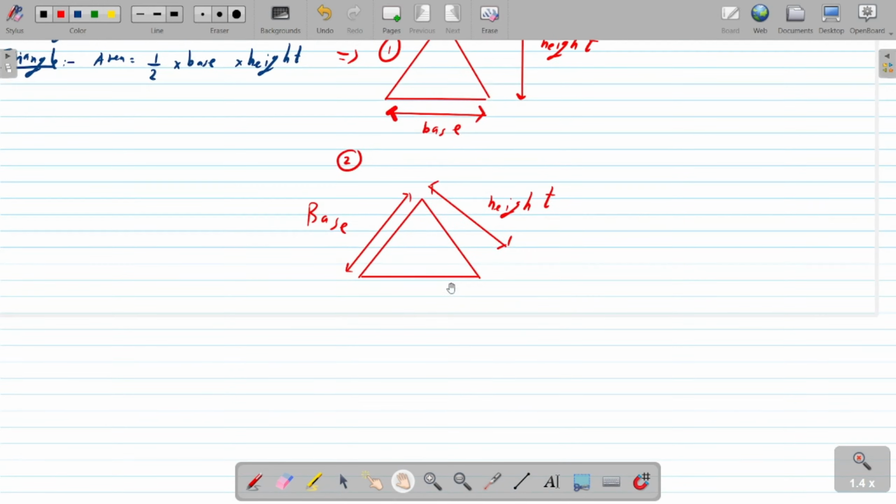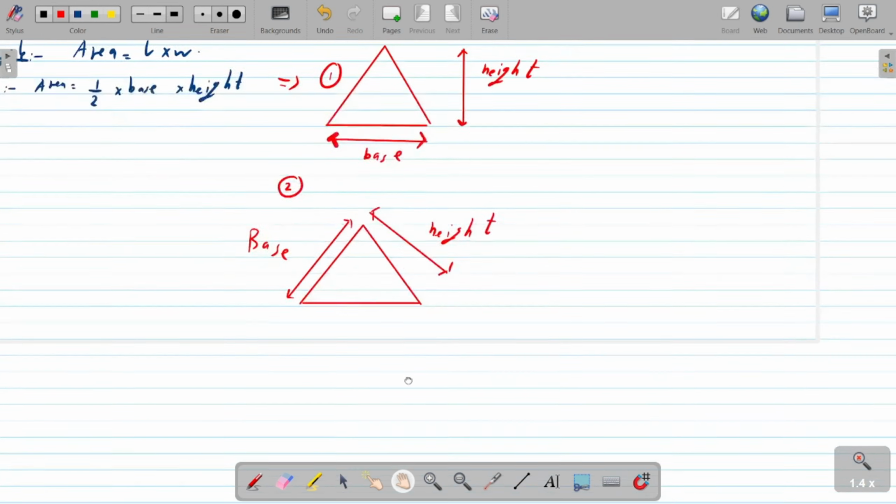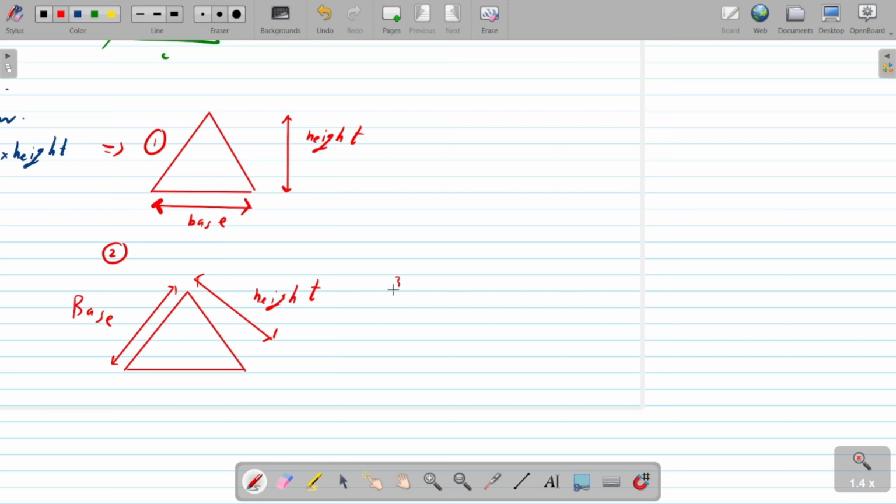Then the next example, let's say you make it here. The third one, if you have the same triangle again, but you take the third side as your base. Let me fix this. Now, let's say you take this side as your base.